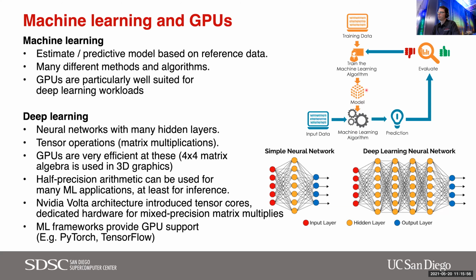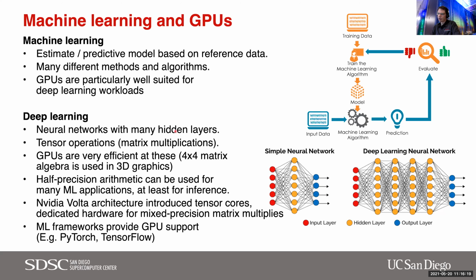That gives you your machine learning algorithm, and then with some unknown input data, you make a prediction, and during the training, you check whether the prediction comes out okay. Once you're satisfied, you can then use that algorithm to predict results for unknown data.